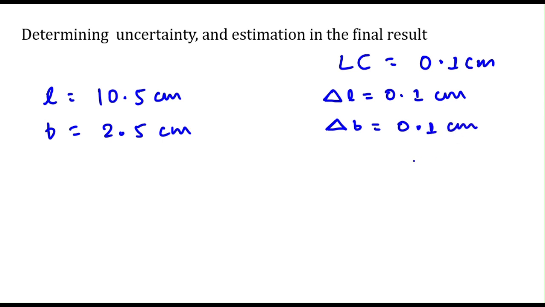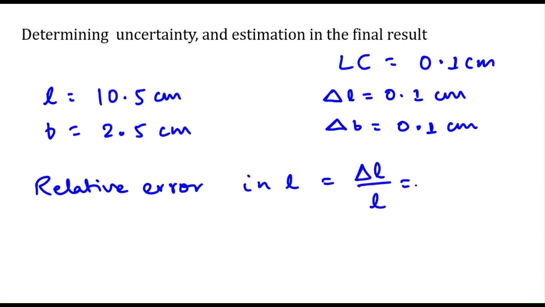Okay. Now if we want to know the relative error in the measured value of length, it will be delta L by L, and this we can write as 0.1 by 10.5.